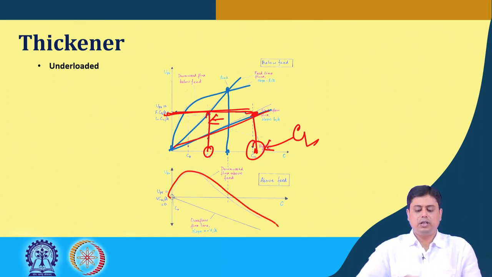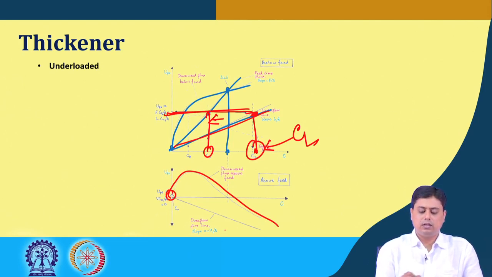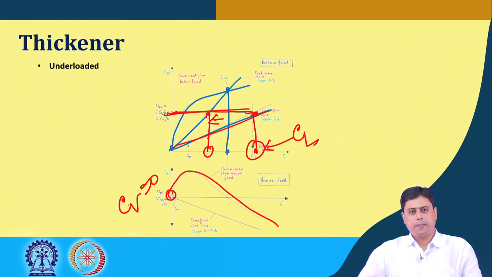This can also be seen from here, that the only possibility of this solution for Cv is 0. So in underloaded condition, everything is happening in the downflow region.